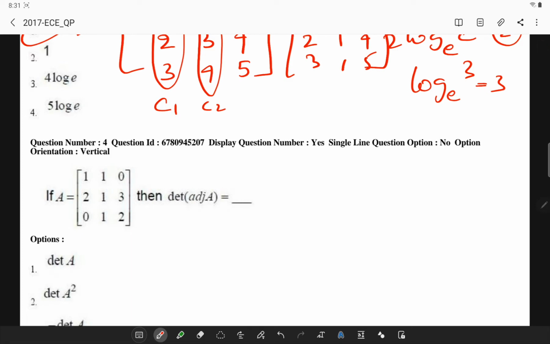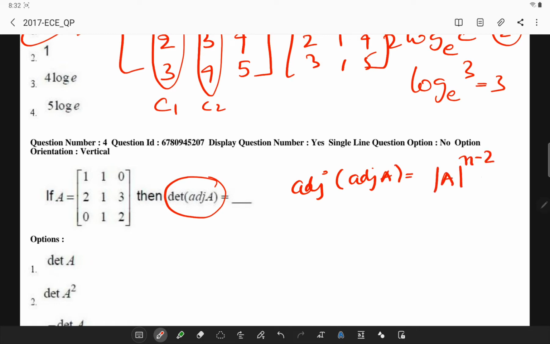Now, what is the value of det adjoint adjoint A? So you have to know the formula: determinant of adjoint A is determinant A power n minus 1. So I can write simply determinant of adjoint A will be det of A power n minus 1.